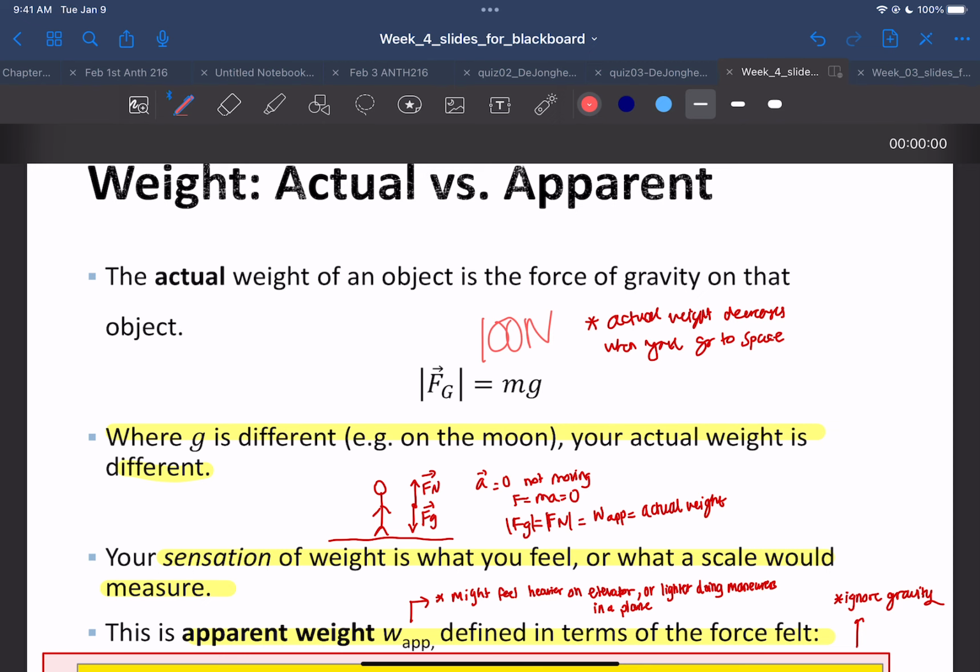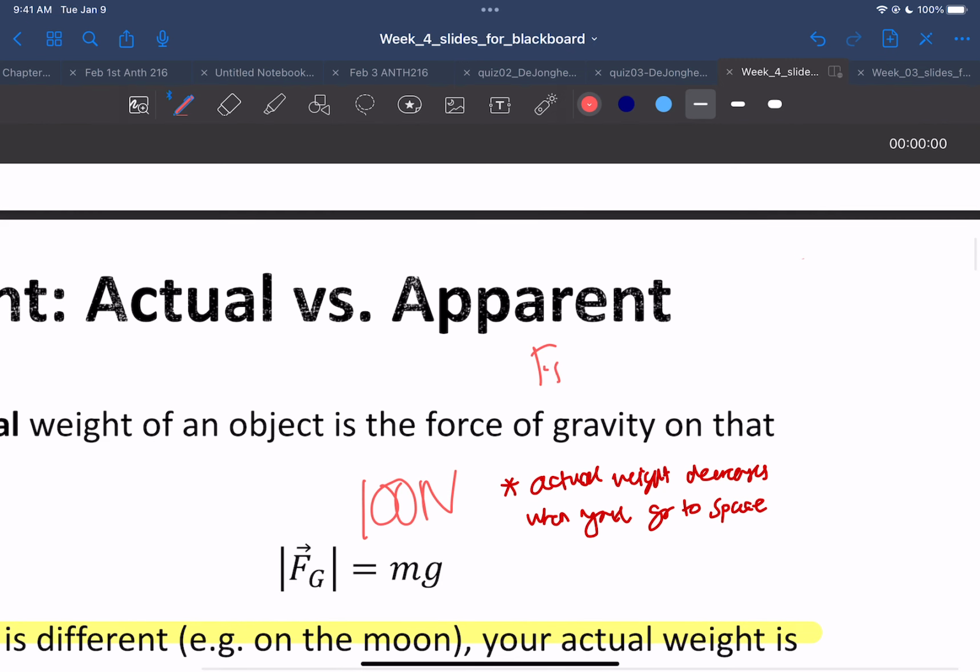Now, if you were to add some kind of net force, in which case an elevator will be pulling you upwards or downwards, then all of a sudden, like I showed earlier, you have this F net equal to ma, where your a might be positive if the elevator is pulling you upwards.